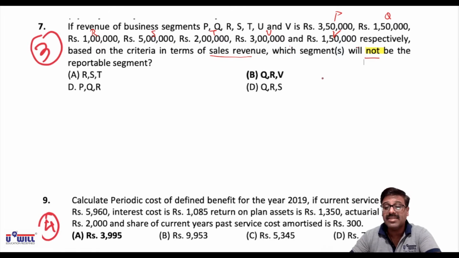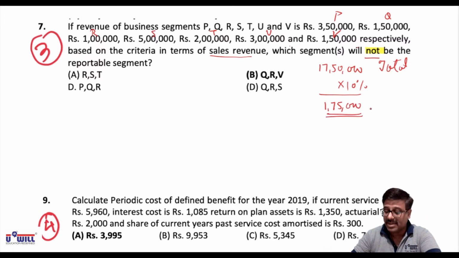That comes to 17,50,000. What is 10% of that? This is a shortcut I am explaining to you, and I have explained this in the chapter of segment reporting also. 10% of 17,50,000 comes to 1,75,000.